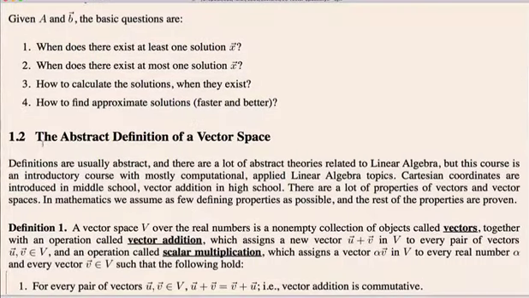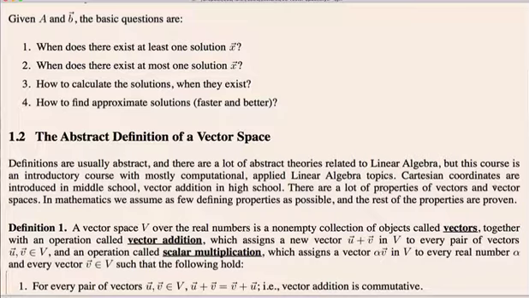Section 1.2, the abstract definition of a vector space. Definitions are usually abstract in mathematics, and there are a lot of abstract theories related to linear algebra in different areas of mathematics. But this course is mostly an introductory course with computational applied linear algebra topics.